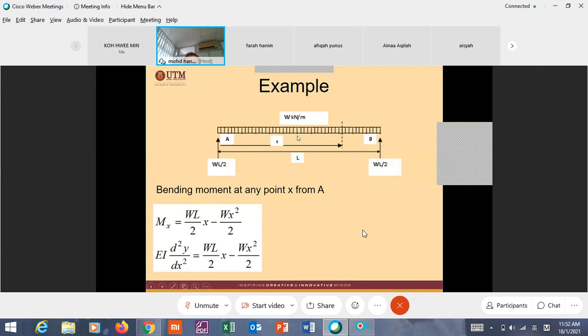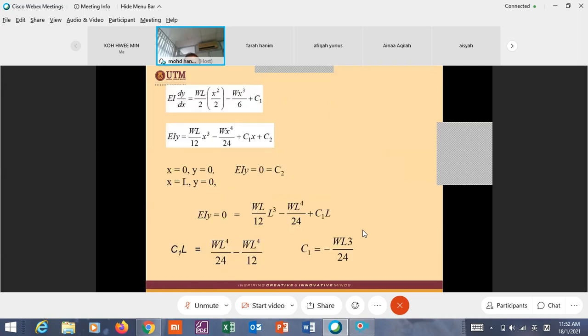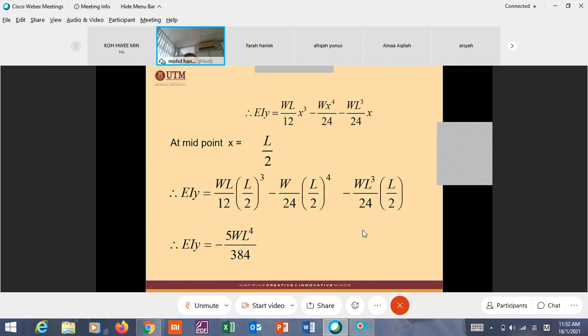And again, I repeat, this maximum deflection will be checked with the design requirement. The design requirement is the international requirement, we cannot run away from the requirement.